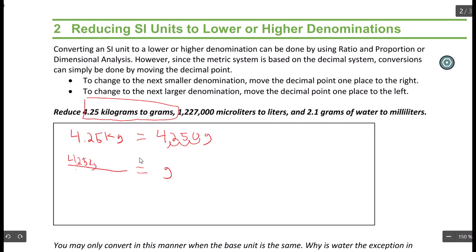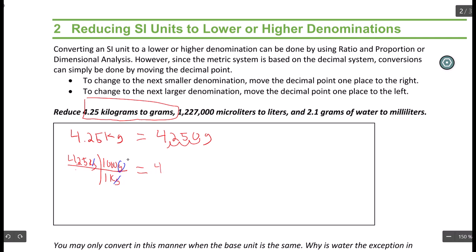I know 1 kilogram is equal to 1,000 grams. Because of that, I can cancel out my kilograms. I'm left with the units in grams, and I get the same answer by multiplying 4.25 times 1,000. So that gives me the same answer, 4,250 grams.